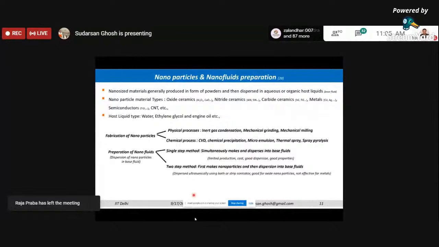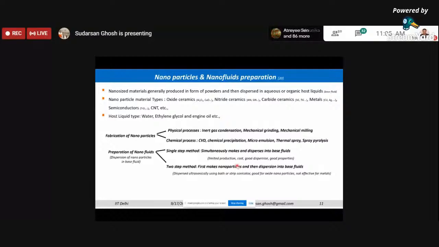Now, coming back to nanofluid preparation, we have used the two-step method. There is also a single-step method, where the nanoparticles are made and simultaneously dispersed into the base fluid. But the problem there is that production is limited; we cannot produce a large quantity of nanofluids by the single-step method.